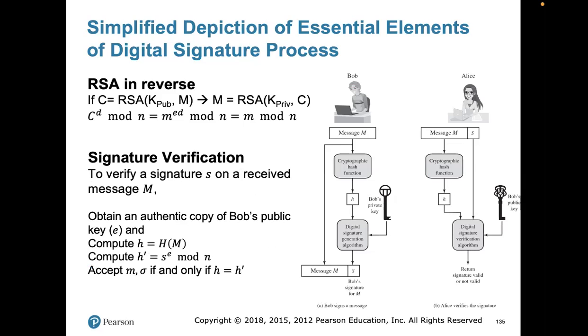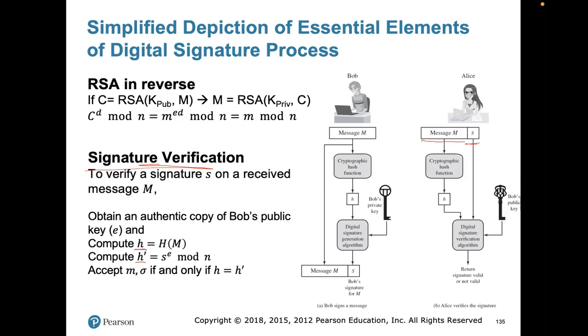And here is the signature verification process, or checking the signature, how Alice makes sure that the message that came from Bob is really from Bob. Like I said, she takes the signature, and first she generates another hash from the message, let's call it H prime.